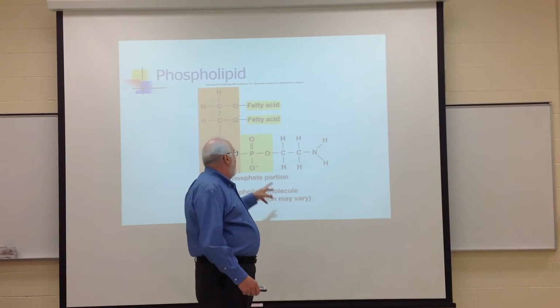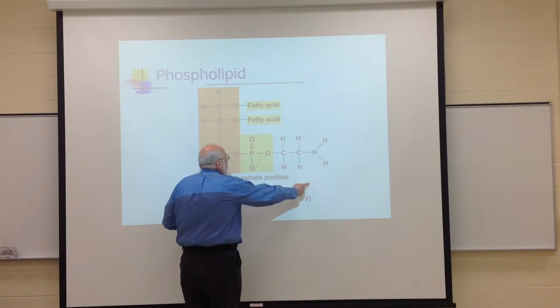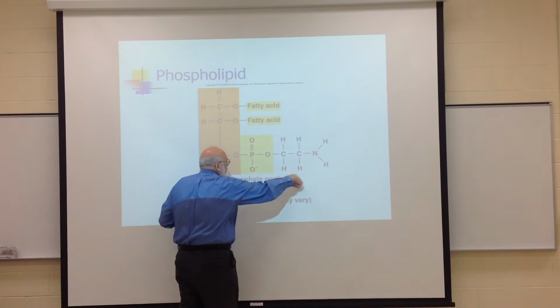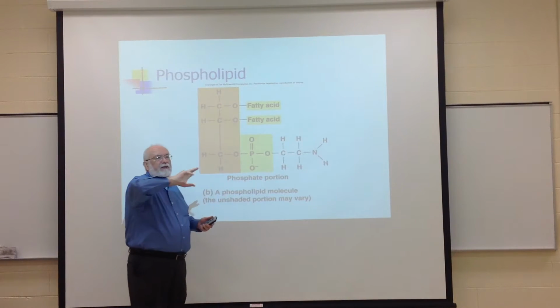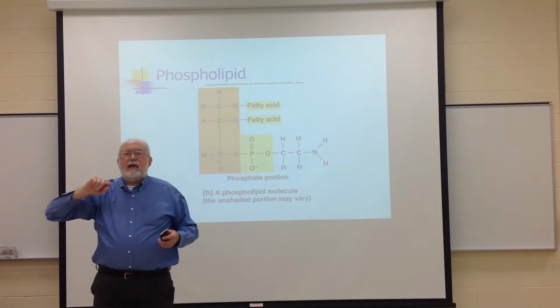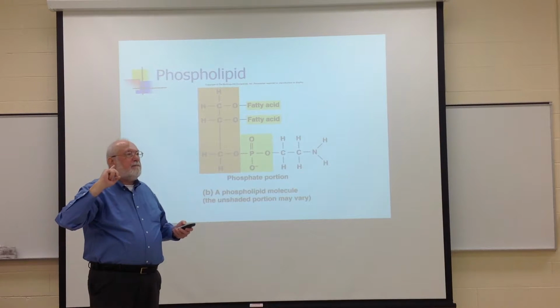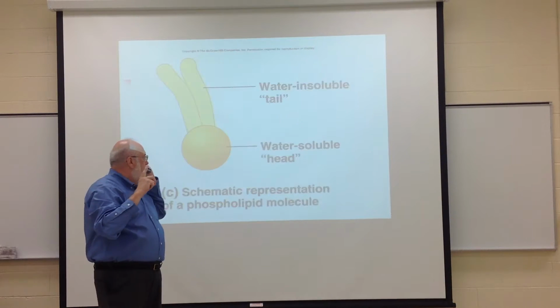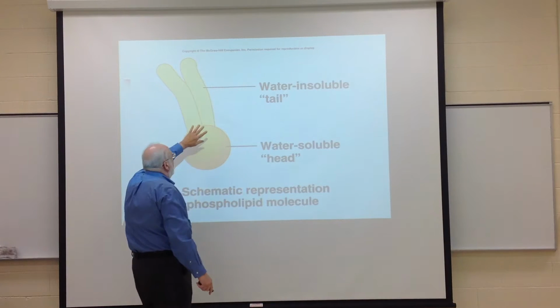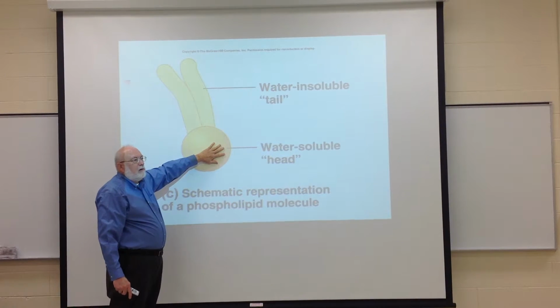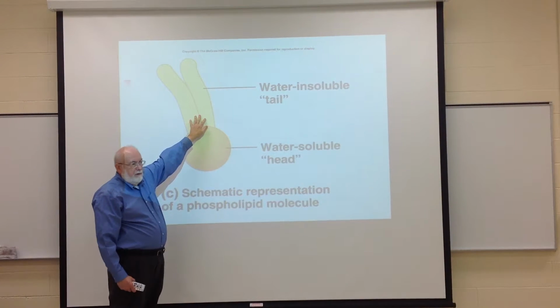Now, the head is made up of the phosphate, and if it's there, the amino alcohol, the one with the nitrogen in it. That is going to be polar. So we call that the head. The head is polar, the tails are nonpolar.